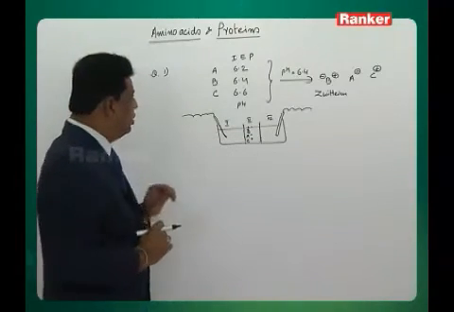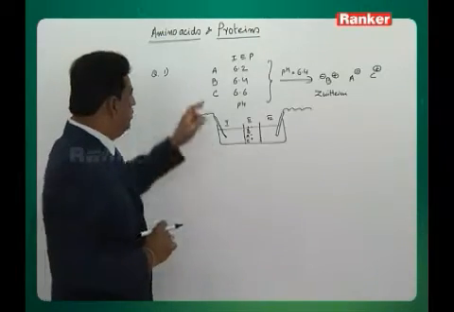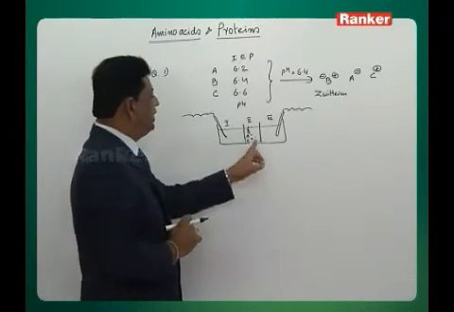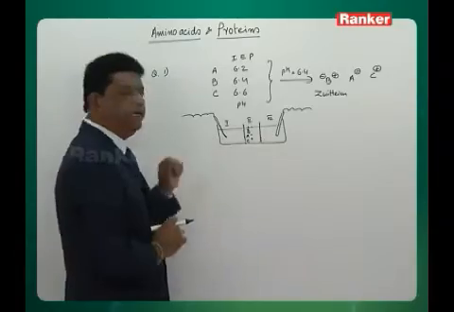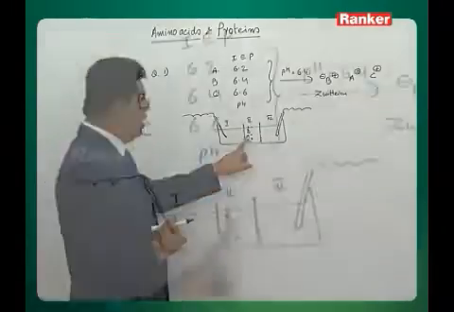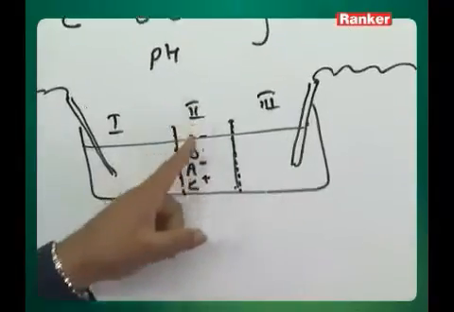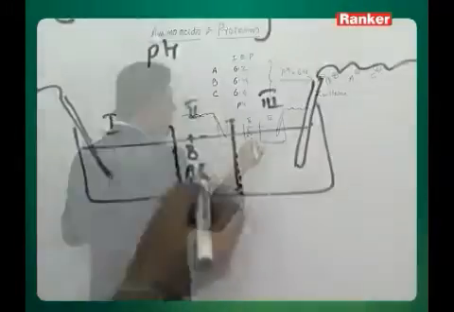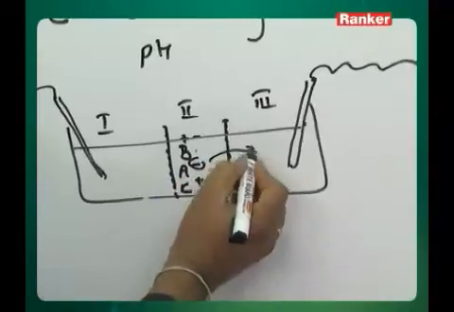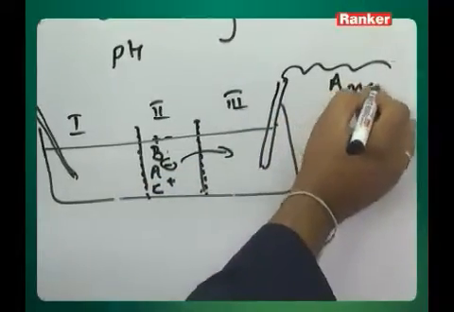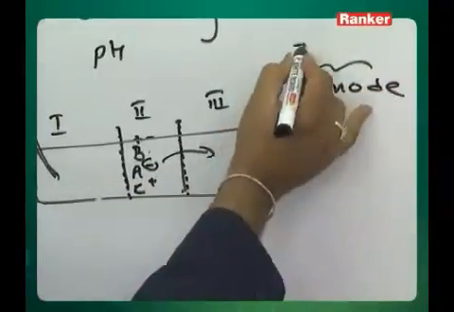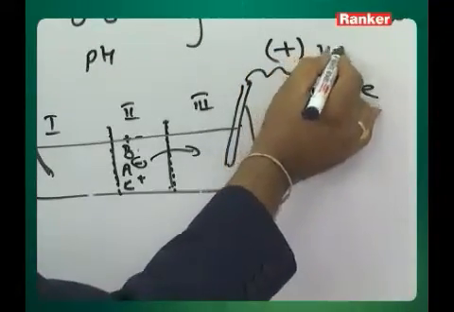The question is now, which migrates into which? Out of A, B, C, which migrates into the third compartment, which migrates into the first compartment? Already we have decided what is the positive charge, negative charge on these ions. So now this anion goes to the anode compartment. The anode will have a positive charge on this electrode.